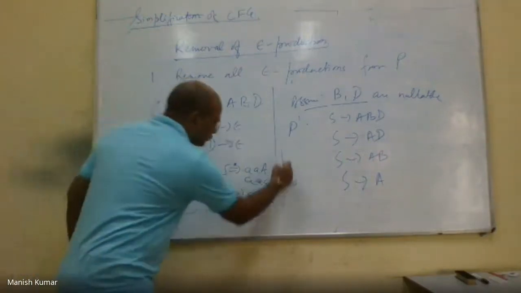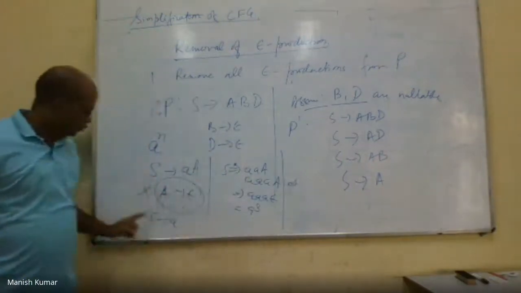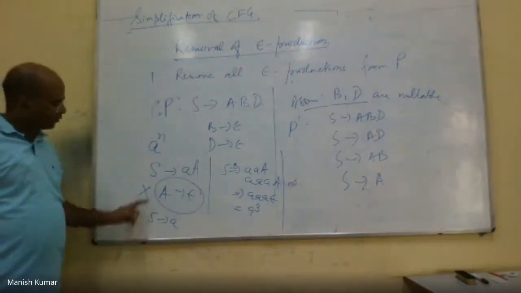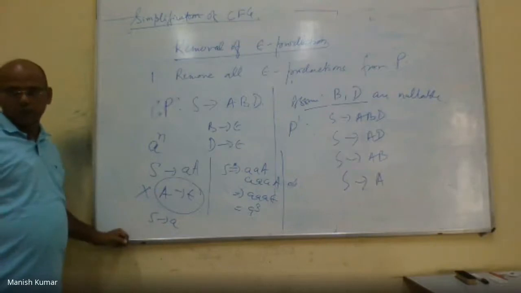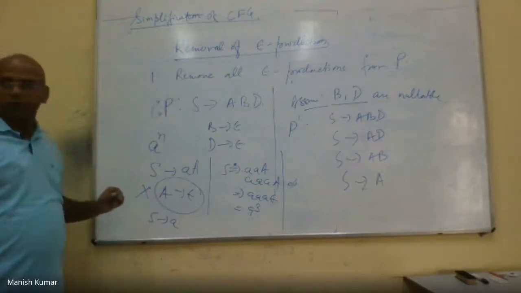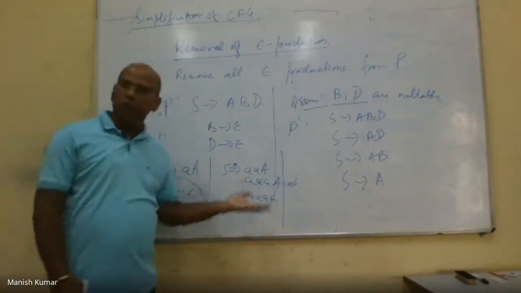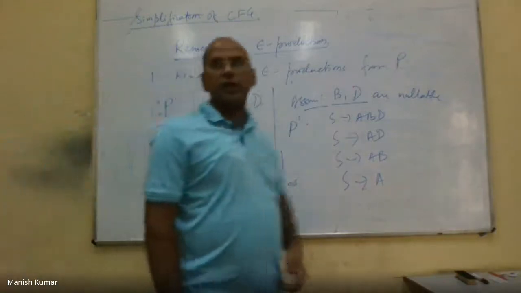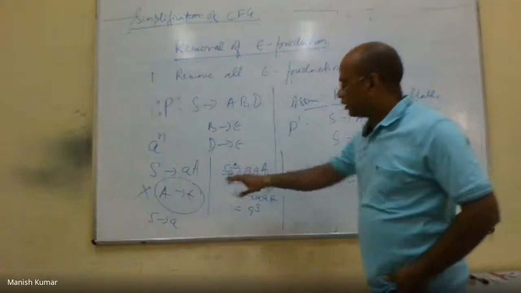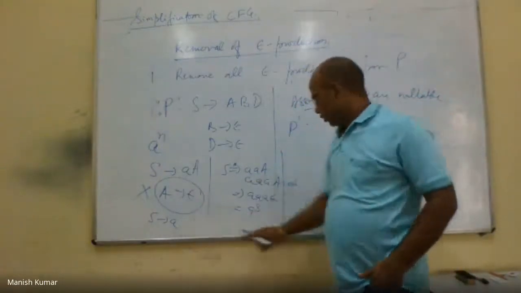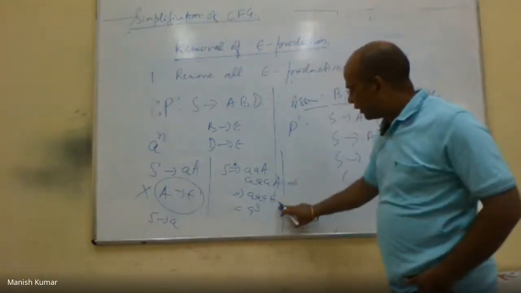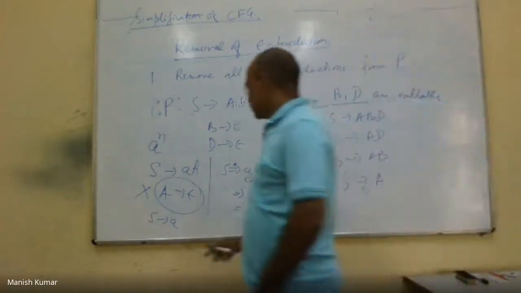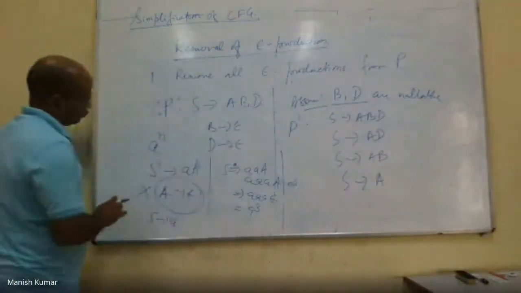So now, if you go for the same set of generation using the simplified grammar, after removal of this epsilon production, it will terminate one iteration earlier, because now S can generate A also. So instead of generating this epsilon, I'll go for this.